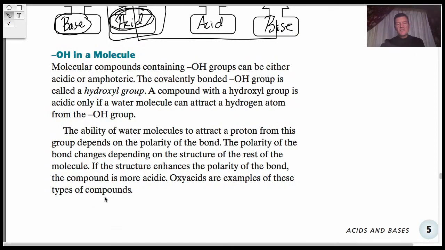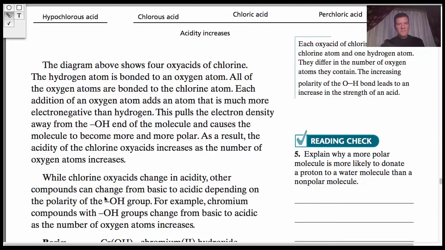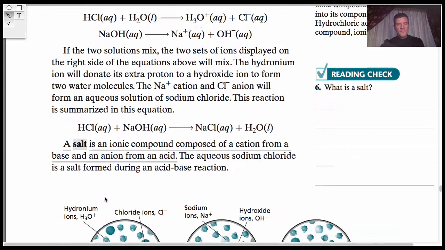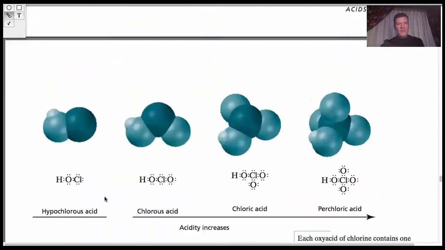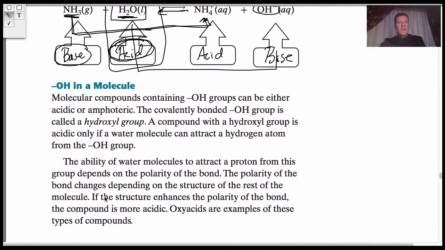In fact, I'll go ahead and mention this right now. Water can actually act as an acid and a base just in pure water. Listen, pure water does ionize to a small extent. Here's what I mean.